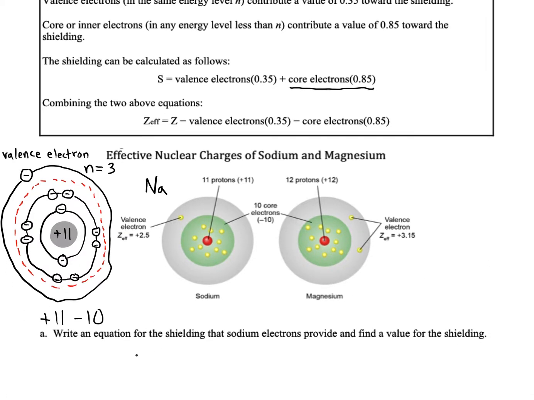The formula is S equals valence electrons times 0.35 plus core electrons times 0.85. Now, for this particular calculation, we will consider that there are no valence electrons. This is because we're trying to see what net effect the rest of the atom has on this outer valence electron.